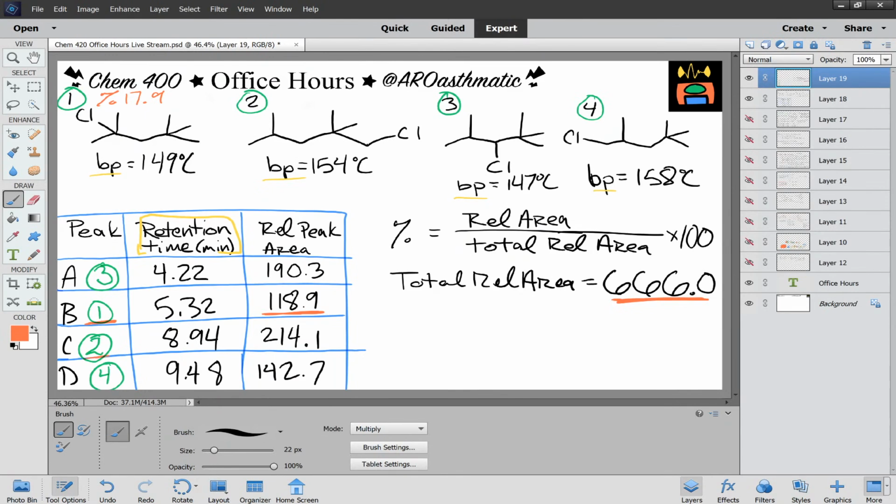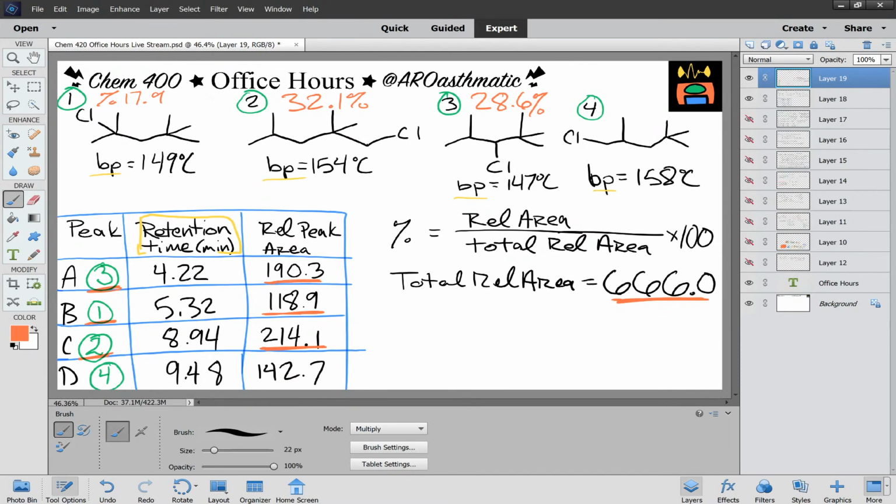For number 2, we look at number 2's relative peak area: 214.1 divided by 666 times 100 gives us a percentage of 32.1%. Looking at number 3, that's 190.3 divided by 666, which gives a percentage of 28.6%.